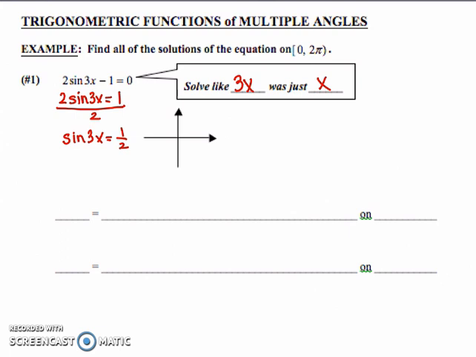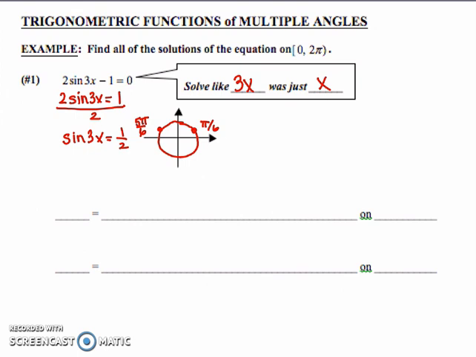We just did this in our previous example. Sine is positive in quadrants 1 and 2, and the sine value, or the y value, is 1/2 at pi over 6 and 5 pi over 6. So we have those two locations as solutions.